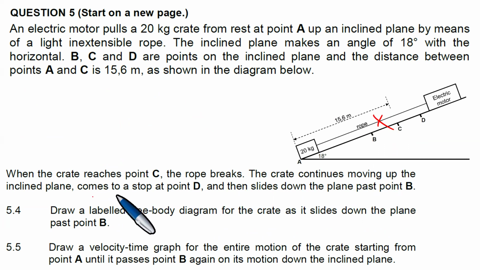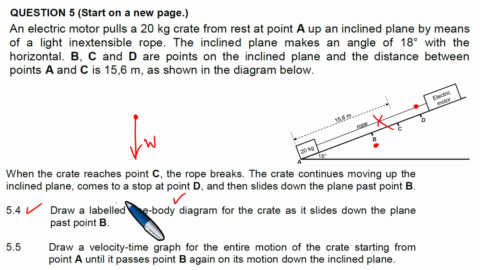The crate continues moving up the inclined plane, comes to a stop at point D, and then slides down the plane past point B. Draw a labeled free body diagram for the crate as it slides down the plane past point B. So which means you're going to have the weight, and then we just need a free body diagram for the crate as it slides down the plane past point B.